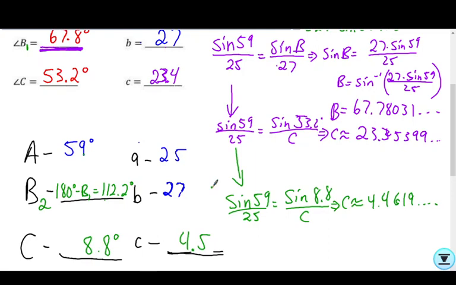The hardest part is actually finding the second one. If we didn't subtract to find our new angle, we would have gotten 67.8, because the calculator will never give you back anything else but 67.78. So you just got to remember, whatever that first angle you solve for in this ambiguous case, that's the angle you are going to subtract from 180 to find your second solution.